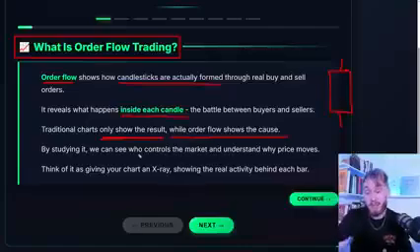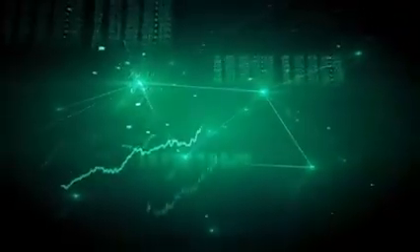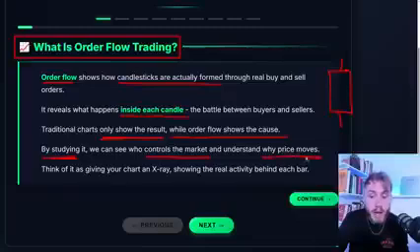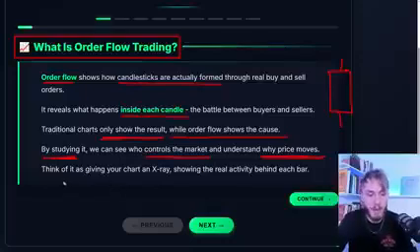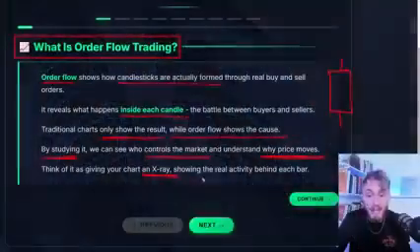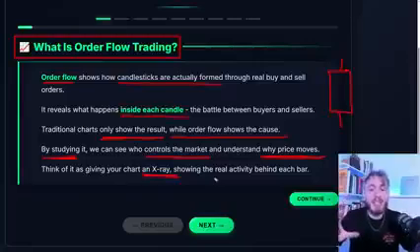And, hopefully, as a result of that, make more money. So here, by studying order flow, we can see who controls the market and understand why price moves. It's super important if you want to improve as a trader to understand the reason behind price movements. So one analogy is that it's like giving our chart an X-ray and showing the real activity behind each bar.